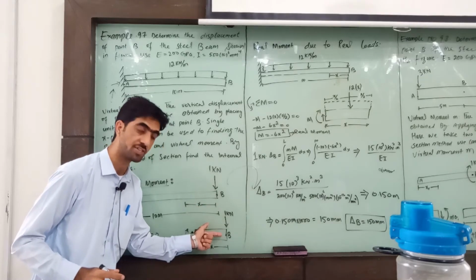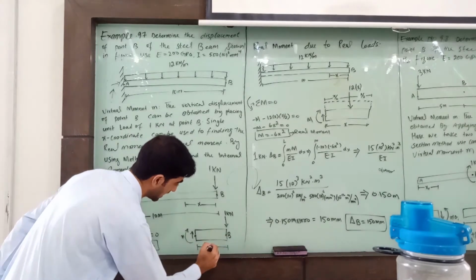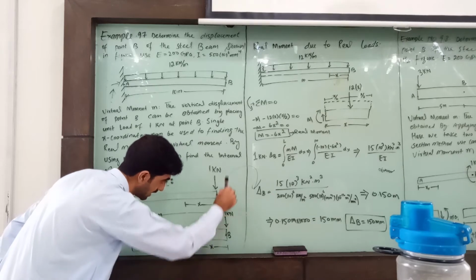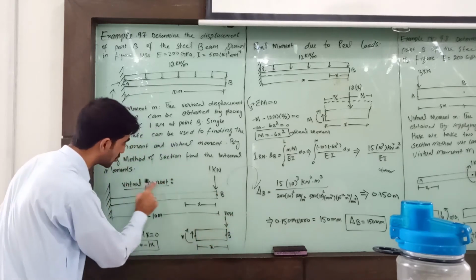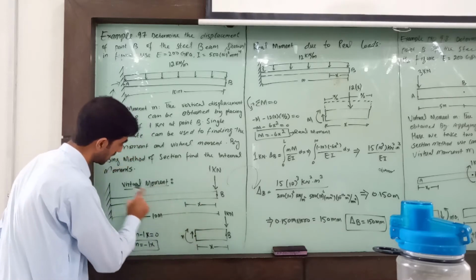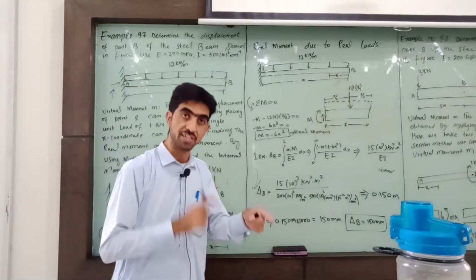The total distance of this section is x. So we find the moment when we apply the 1 kilonewton load, which is the virtual moment. Next we find the real moment.